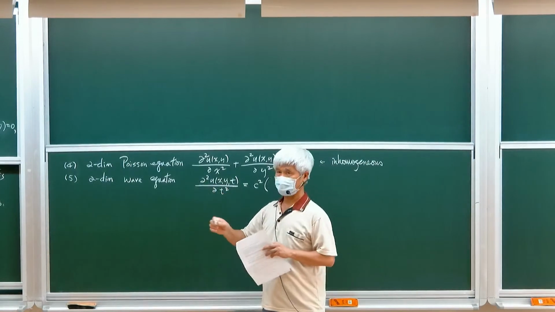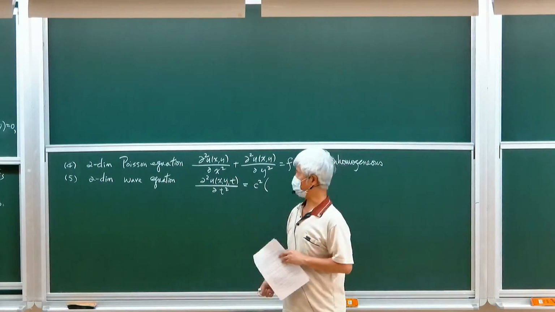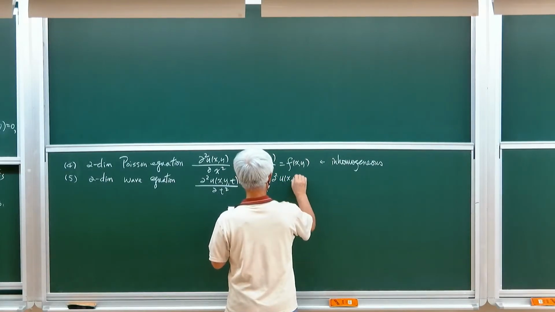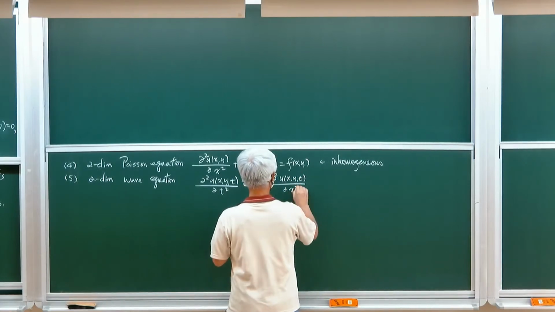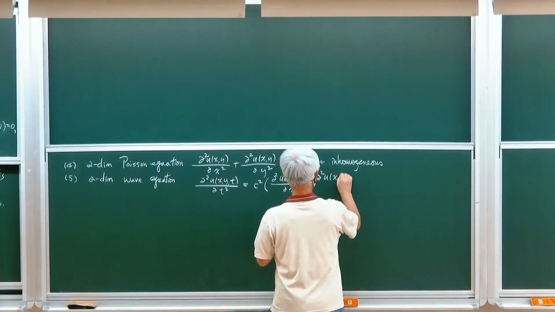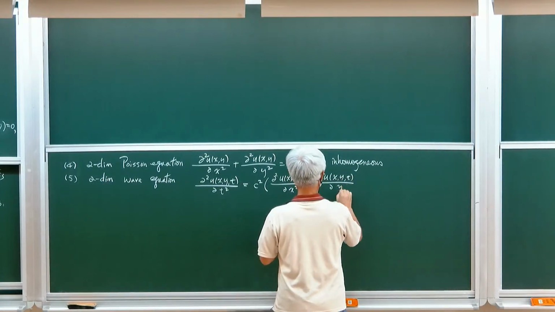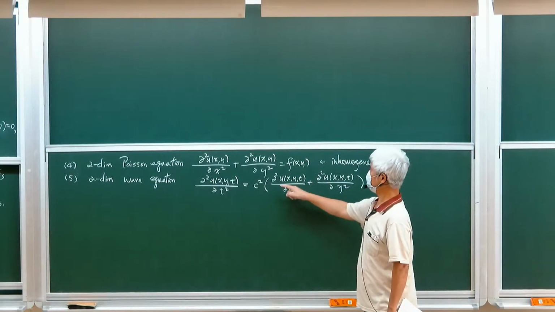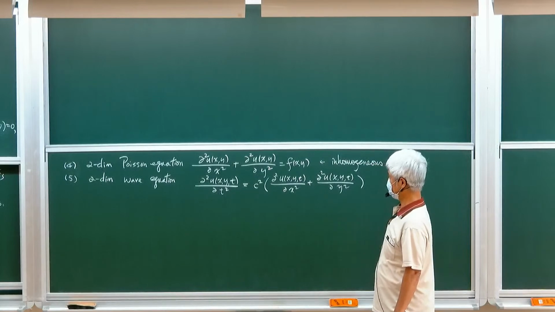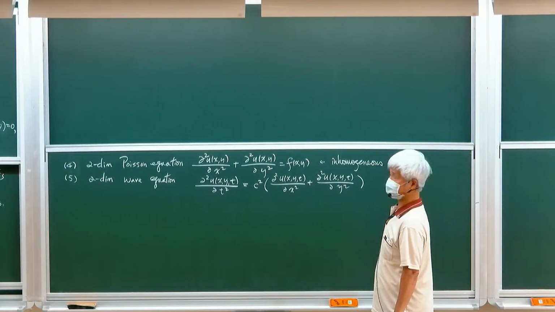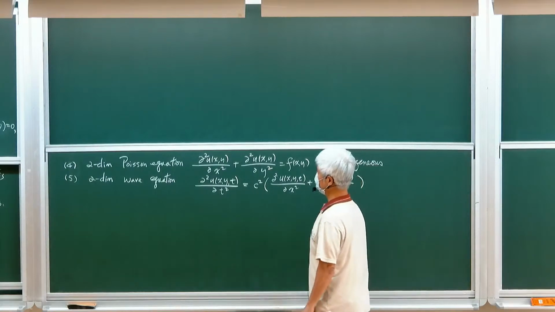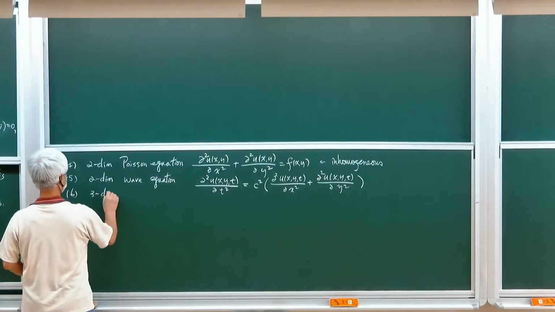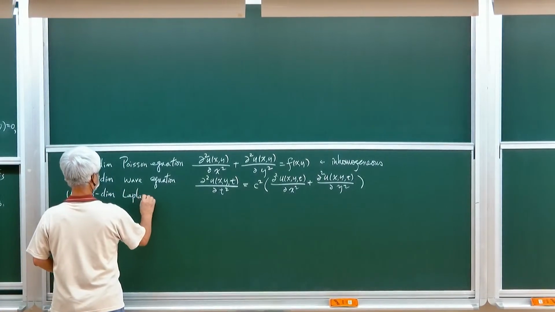So it describes a plane wave. So they all involve second order partial derivatives. And the sixth is called the three-dimensional Laplace equation.